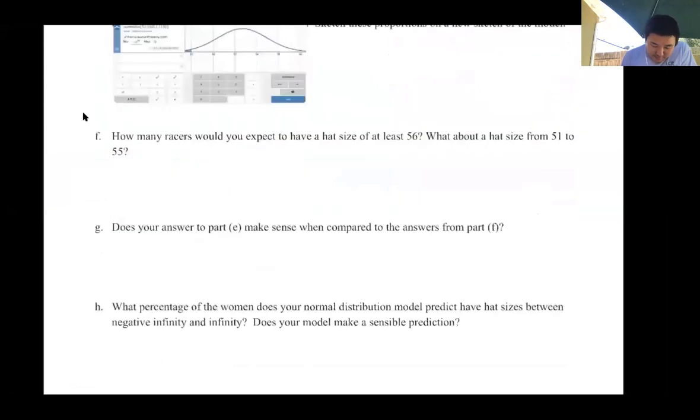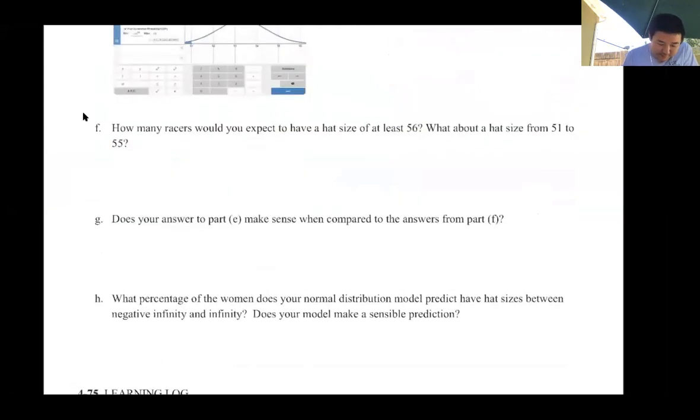How many racers do you expect to have a hat size of at least 56? So 775 times the probability of a size of at least 56. 56 to 10 caret 99.